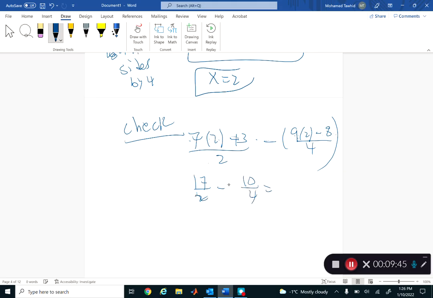What do you get here, guys? 17 over 2 is 8.5 in decimal, minus 10 over 4, which is 2.5. If I simplify, you get 6.